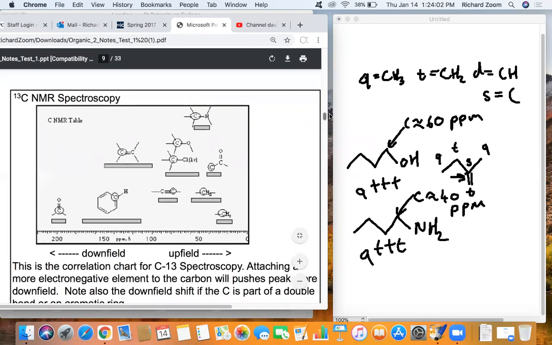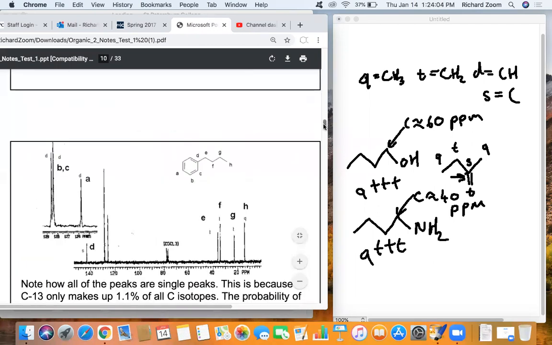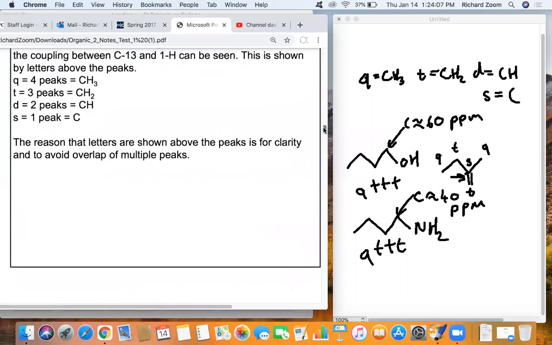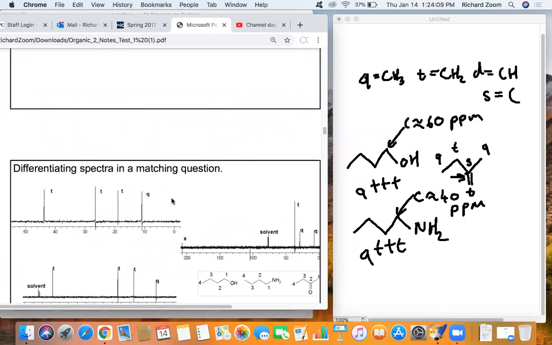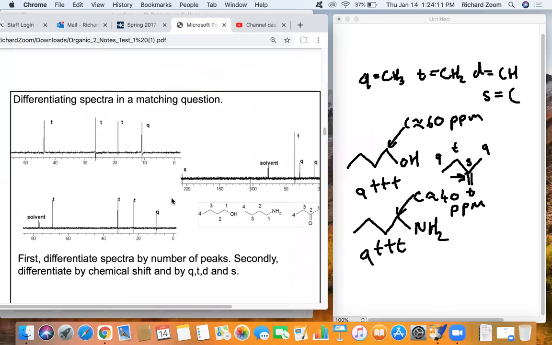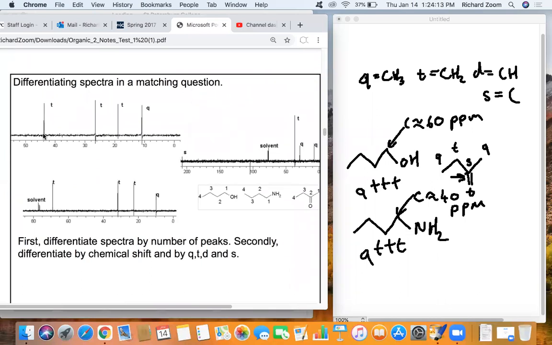So based on that, then you can distinguish between those two. You can distinguish between these two spectra. And again, you're focusing on the one that's furthest to the left because that's going to be closest to the electronegative group, be it O or N. This one's around, I guess it's around 68. This one here is at around 50. So it enables you to tell which is which. Does anybody have any questions?